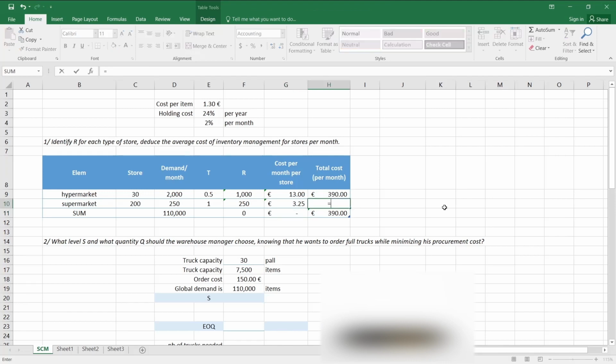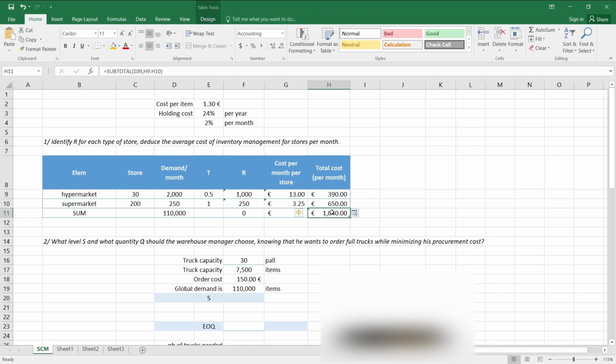And once again, for the total cost, it is simply the cost per month per store multiplied by the number of supermarkets that we have, which is 200 stores, and that will give us 650 euro.